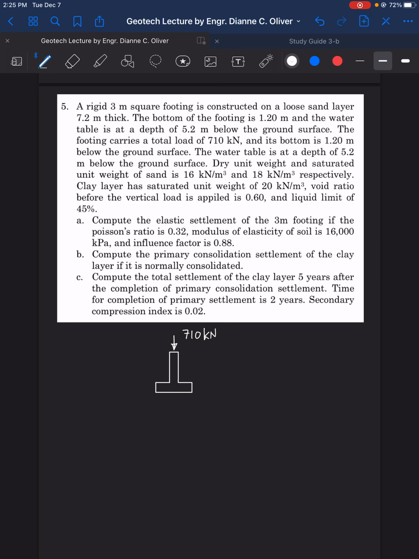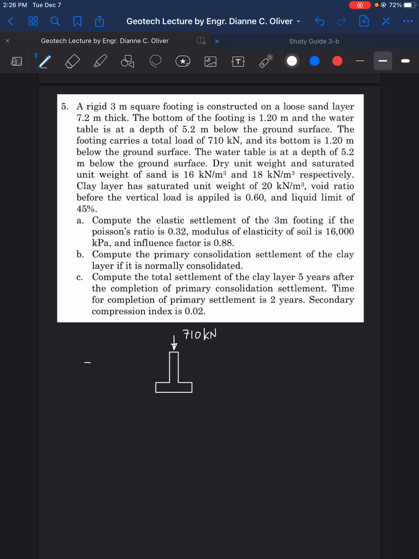The bottom of the footing is 1.2 meter, and the water table is, okay, so it says there the bottom of the footing is 1.2 meter. So does it mean it's from the ground surface? Obviously yes, meaning that's how deep you are to dig. So 1.2 meter, that's the bottom of the footing.